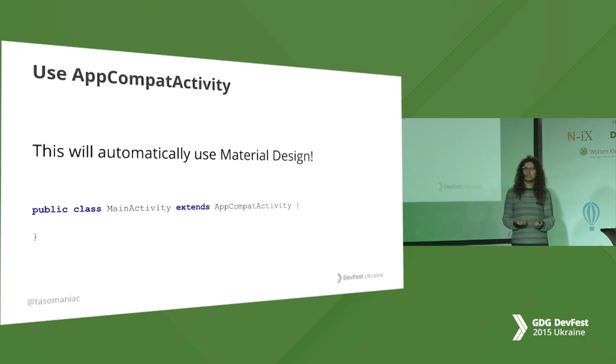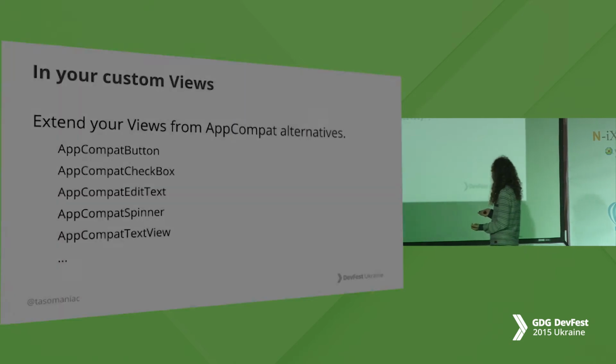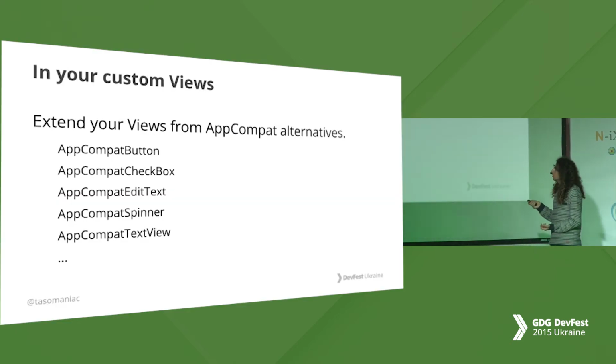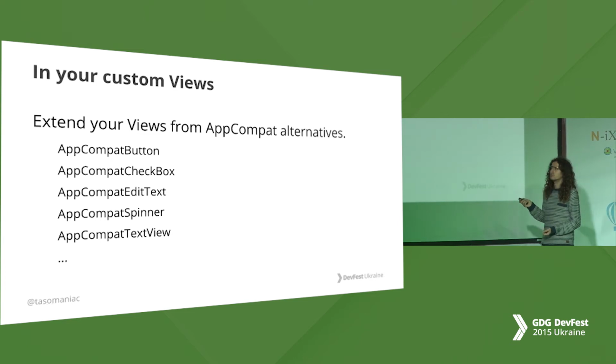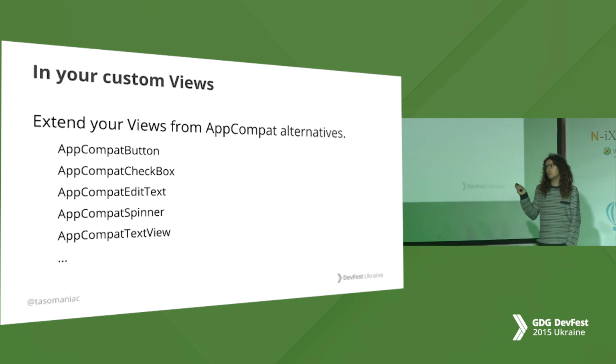So what it does actually, when it sees the platform components like text view, button, edit text, it tricks the inflator and converts those views to material design alternatives. Like this. When you have a button in your layout, it actually converts it to Appcompat button, and so on and so forth. But when you have custom views that you extend from a normal button, you should now extend from Appcompat button.